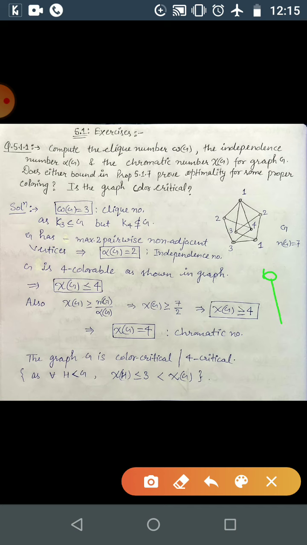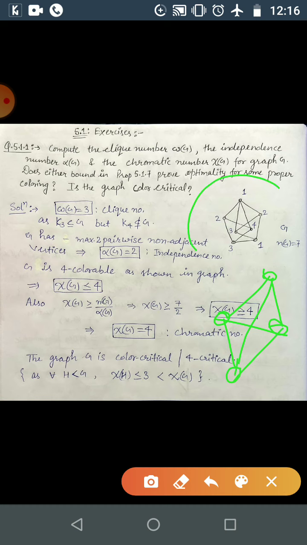If K2 is there and K3 is not, then the clique number is 2. If K3 is there and K4 is not, that is, the maximum number of mutually adjacent vertices is 3, then the clique number is 3. For clique number 4, it should have K4 as a subgraph.